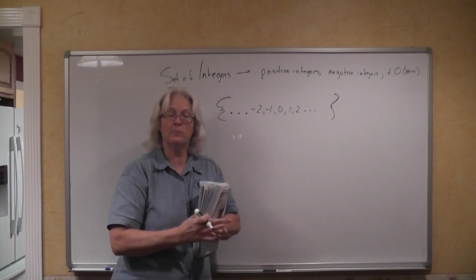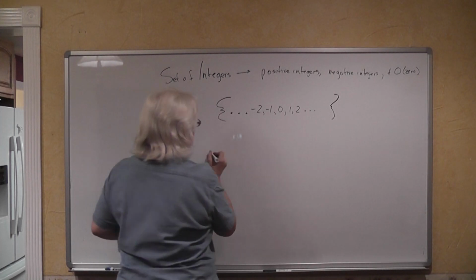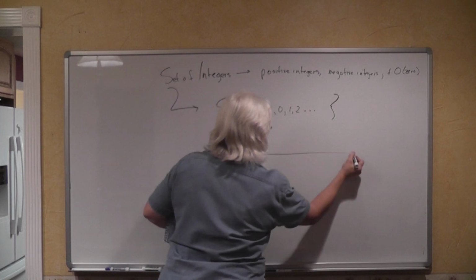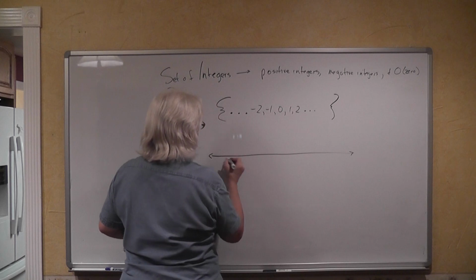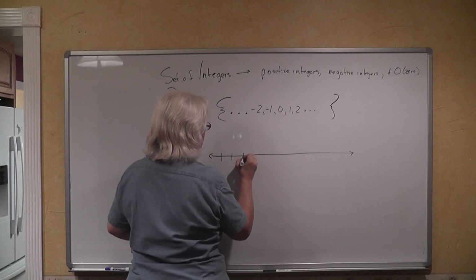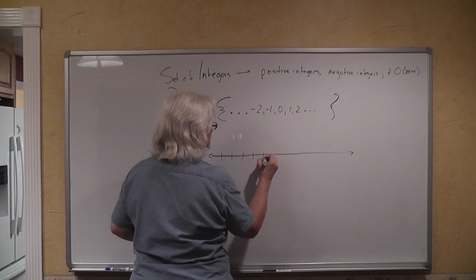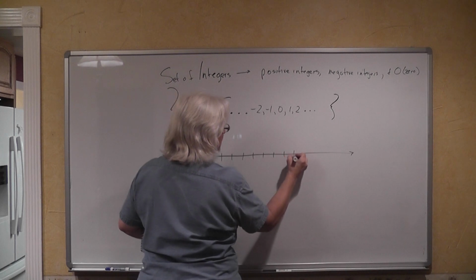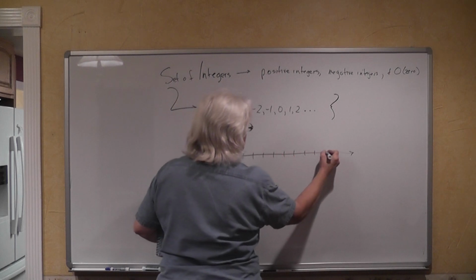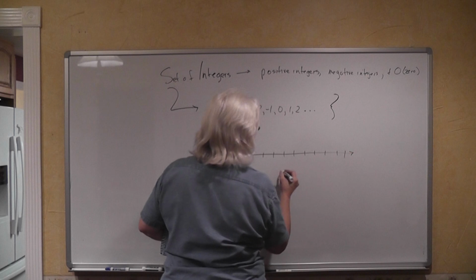And you can draw a picture on a number line to represent that set of integers. And if you were drawing this number line, you would be using a straight edge, and you would be making these divisions here to be very nice and neat.